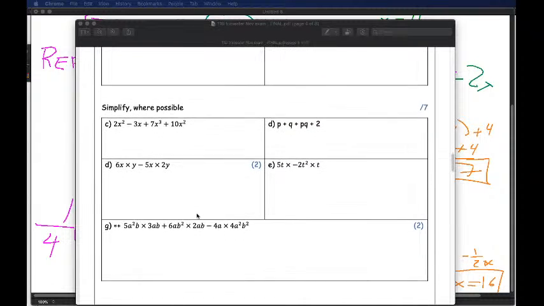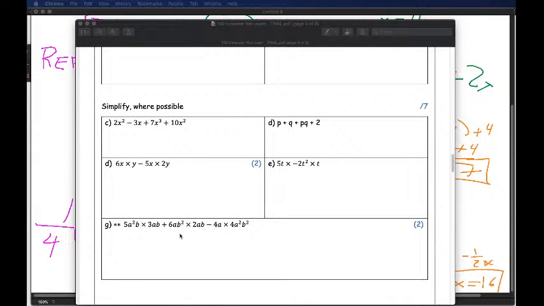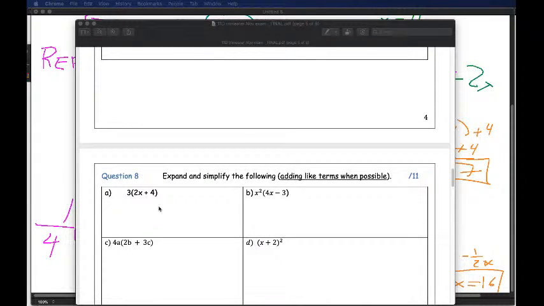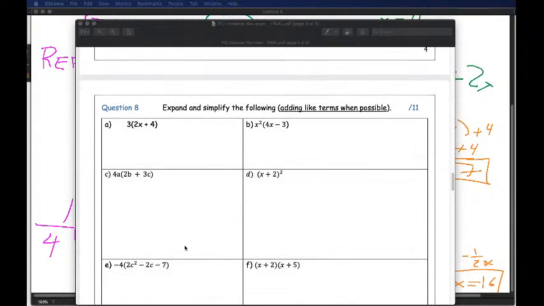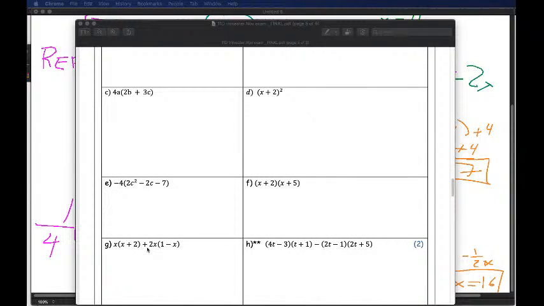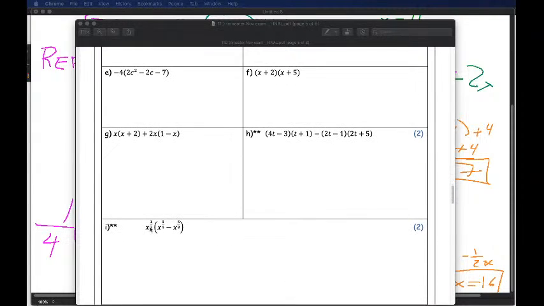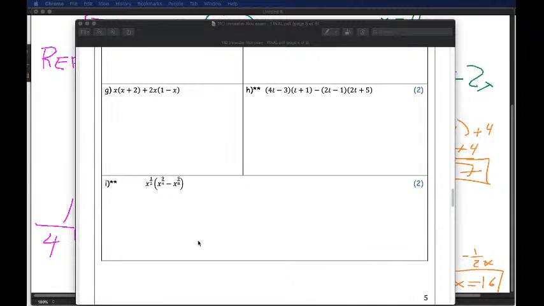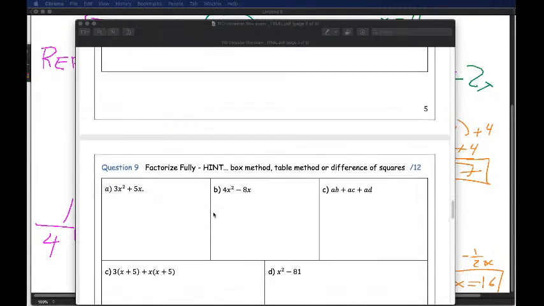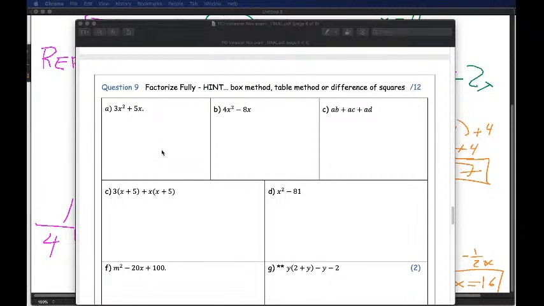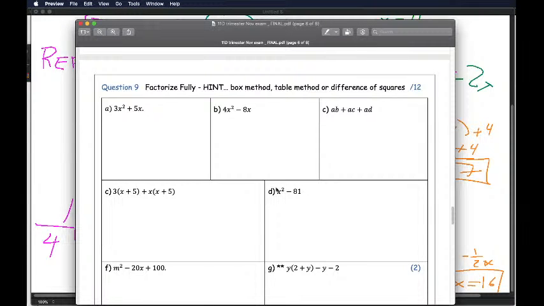Multiplying terms. Not bad. Expand, come on, expanding. Not hard, expanding. Longer expansion ones, okay, they got a little bit harder. Yeah, with fractions, of course, because I know you guys love fractions, so I put that in there. And then what you guys needed to know how to do is factorize. That's the biggest thing you guys learned this year, a lot of factorizing. So table method, box method, and of course, difference of squares.